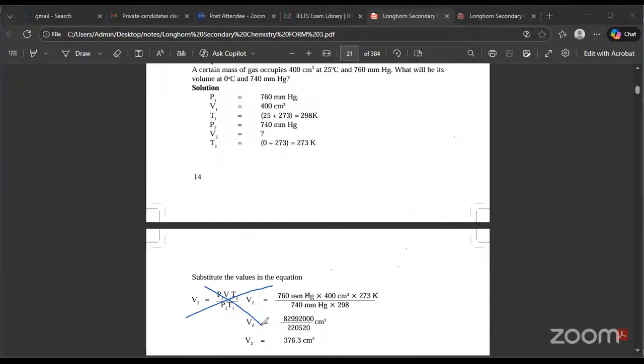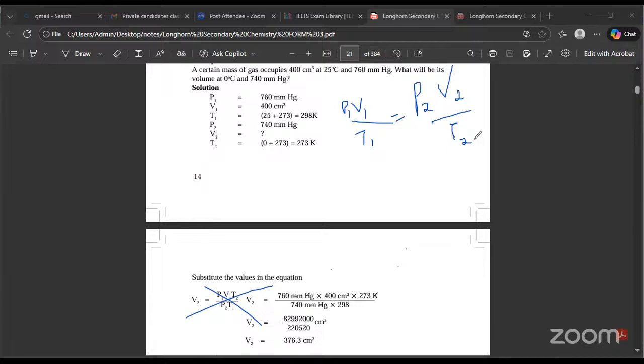The reason I'm saying don't use that, you will see what will happen. So you just write the formula P1 V1 over T1 is equal to P2 V2. I'm advocating for not using that one directly. The summarized version can bring problems.